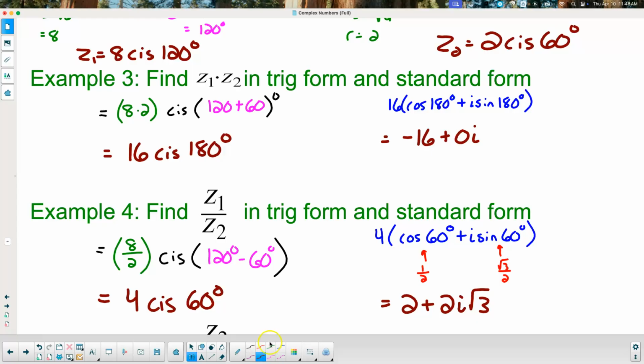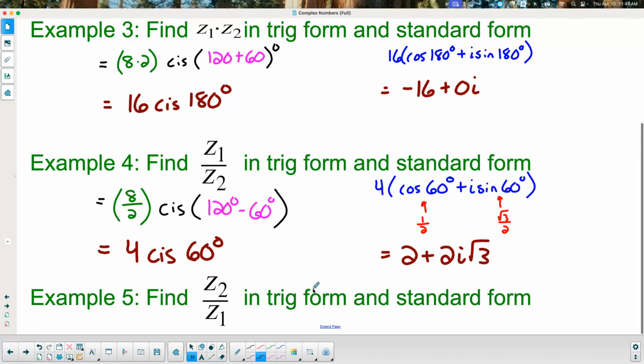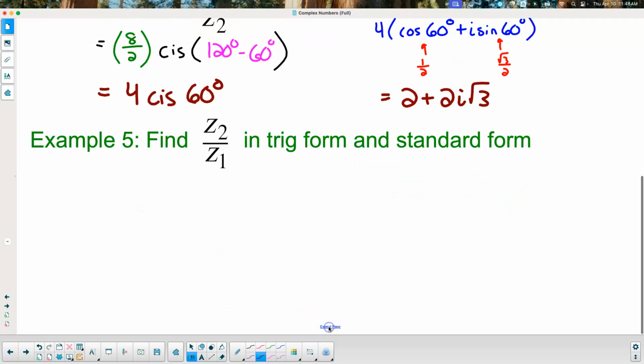One more to do on the same ones. Now, instead of doing z sub 1 divided by z sub 2, let's quickly do z sub 2 divided by z sub 1. So now we would have 2 divided by 8, and we would have CIS of 60 minus 120.